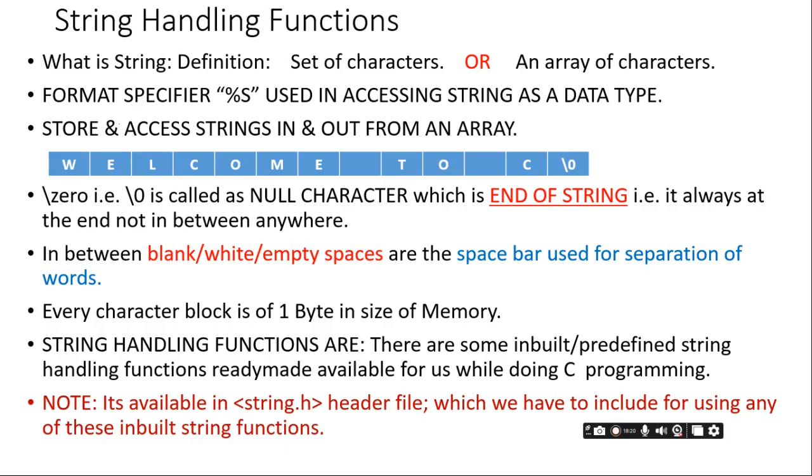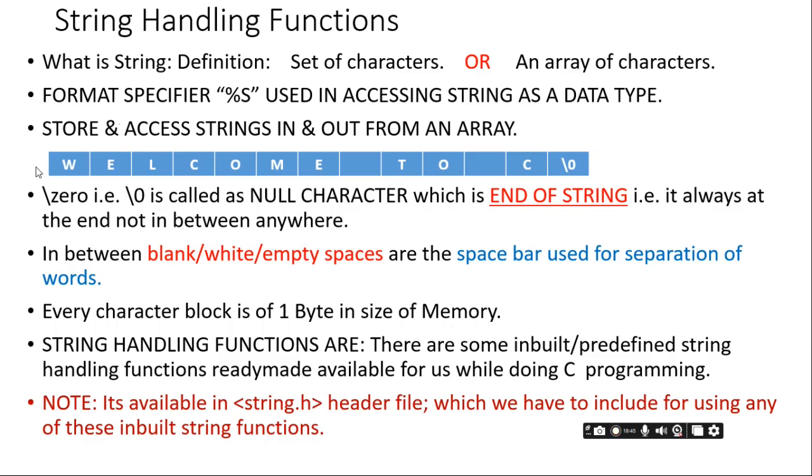Then every character block is of 1 byte in size of memory, because a character holds 1 byte of memory for the char data type in C programming. So that's why this note point is very much important. That is, every character block is of 1 byte. So one character holds 1 byte of memory.